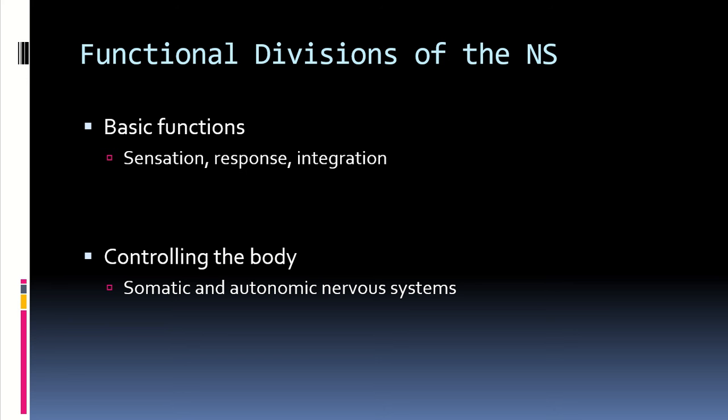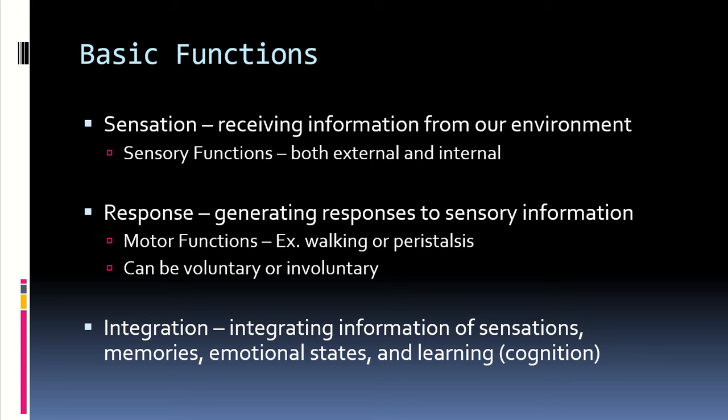And when it comes to controlling the body, there are two ways to break that down: somatic and autonomic nervous systems. But getting into the functions of the nervous system: sensation, which is really the receiving of information from our environment. And these can be sensory functions, both external and internal.